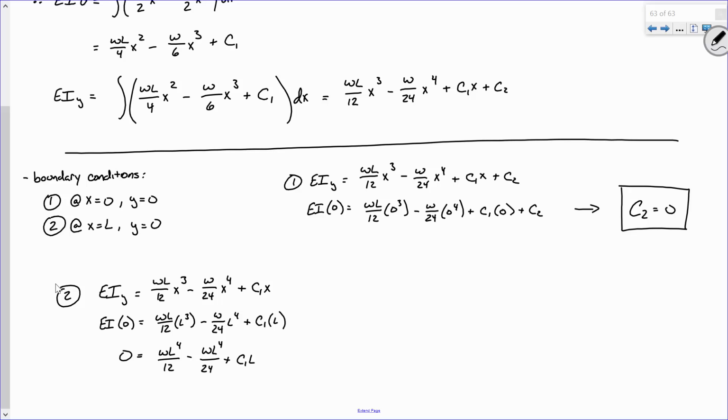The coefficients are different, and it's the same chunk of material being added together. Make sense? It gives you an idea that what you're doing makes sense, that you're following along the right path. Okay? Now, what I can do is think of this in like terms. We've got WL to the 4th, so I can say I got a pile of junk times a 12th minus a pile of junk times a 24th.